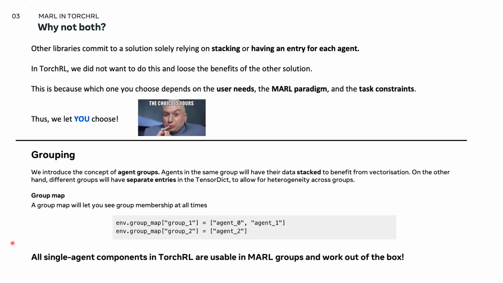The cool thing about this is that once you have done your grouping for your data, within a group, you can use any of the single agent components that are available in TorchRL. For example, replay buffers, losses, or any other component, because this group will just have a new agent dimension, and those components are agnostic of that.